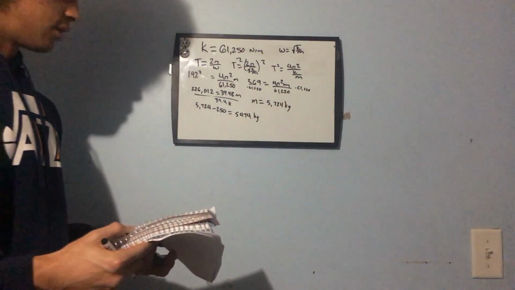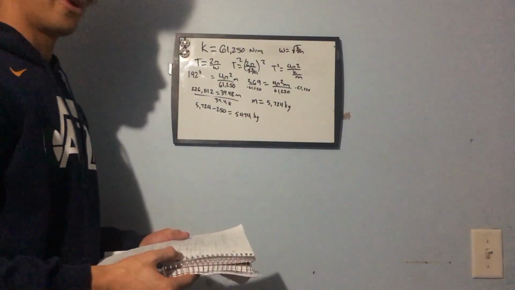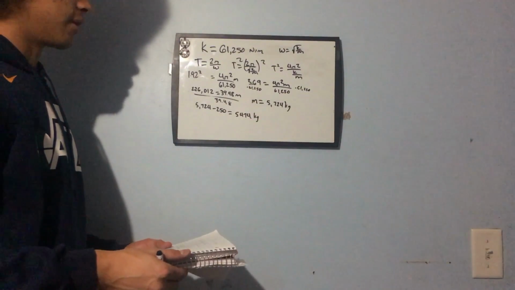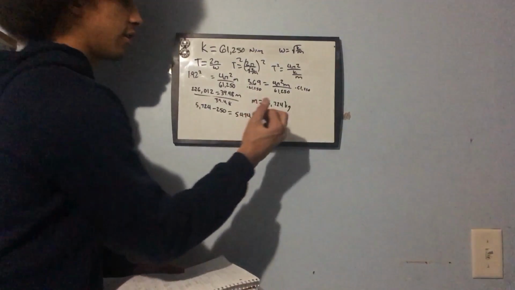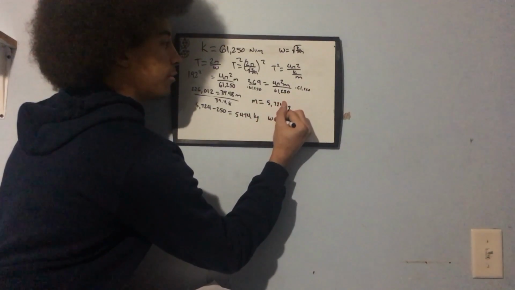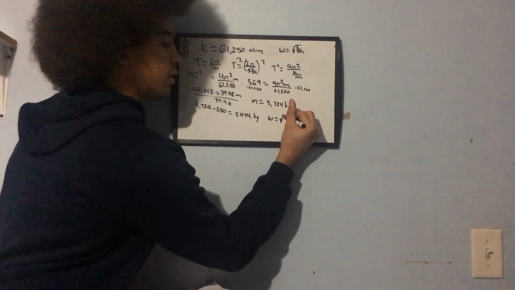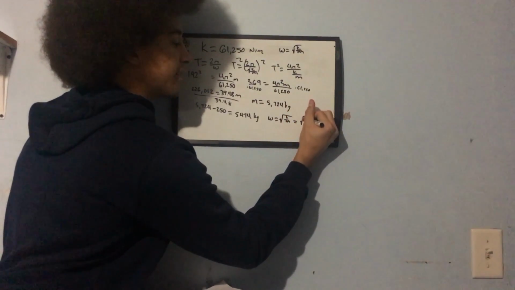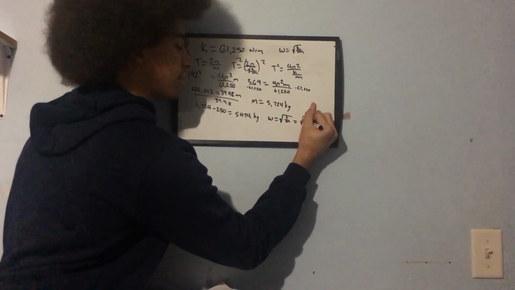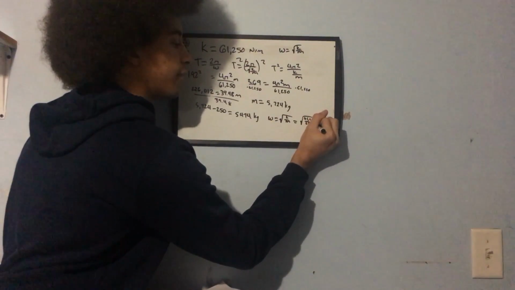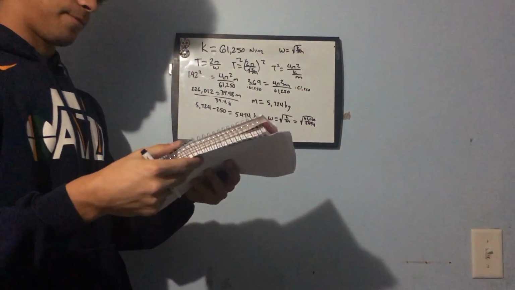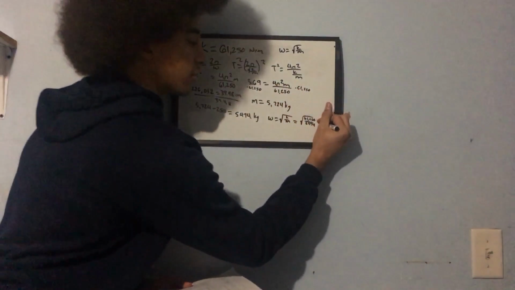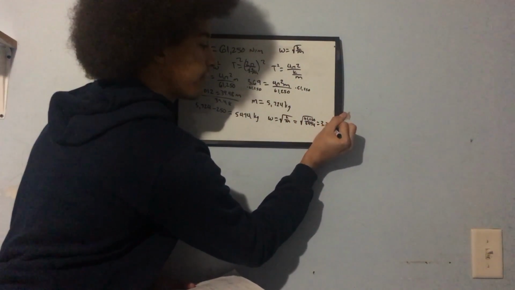So then we just use the period equation. We can find what omega is with just the car. So omega equals the square root of k over m, which in this case is the square root of 61,250 divided by 5,474, which equals 3.345.